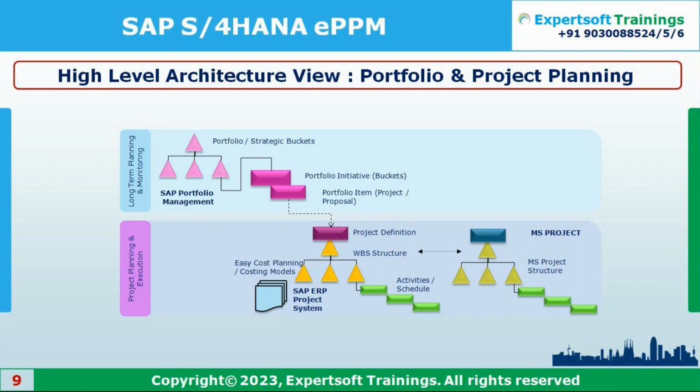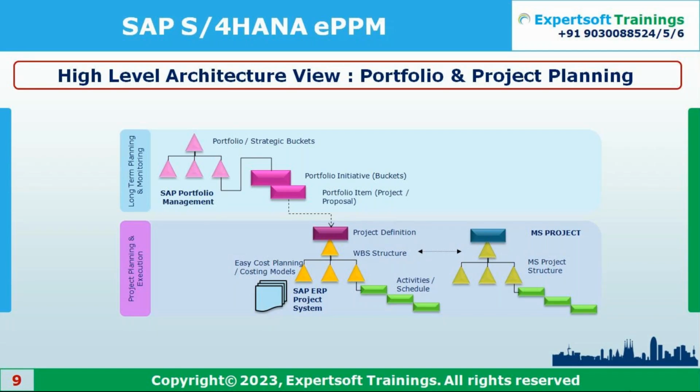Initially in ECC, that is called xRPM, there were two different modules, portfolio and C projects, and both had different licenses.